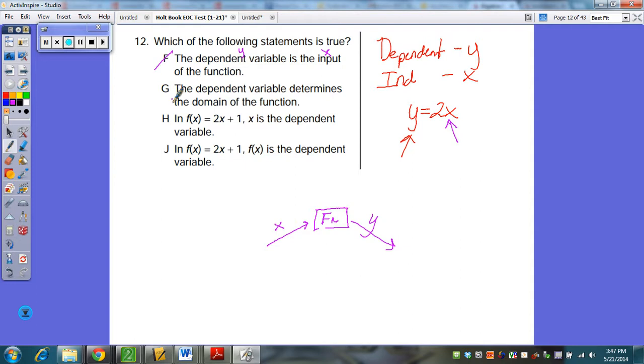Y is not x. The dependent variable, y, determines the domain of the function. Well, we know that domain represents x, so that's not correct. In f of x equals 2x plus 1, x is the dependent variable. Not correct. Again, x is not the dependent variable, y is, or f of x.